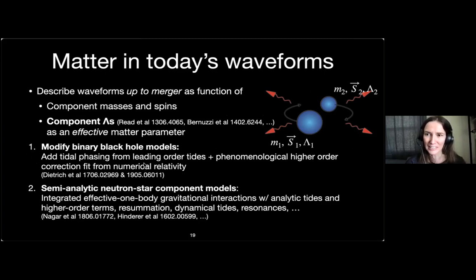Effectively, at least at the level of accuracy which we currently require to model our waveforms, and I think Katerina will talk more about this in a future session, this is what we use to characterize our system. So we have mass, we have spins, and we have this tidal parameter.